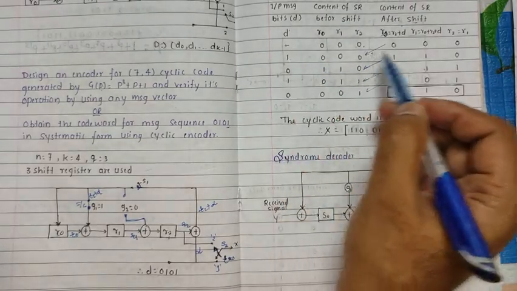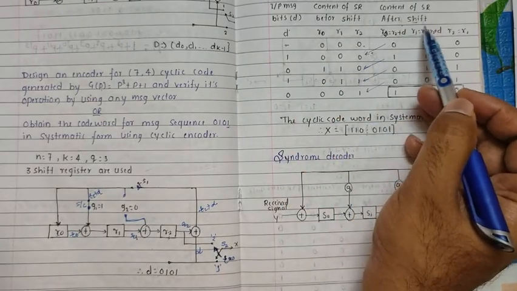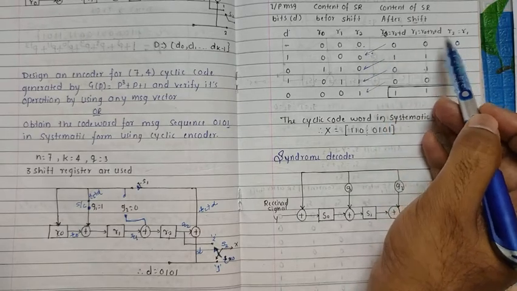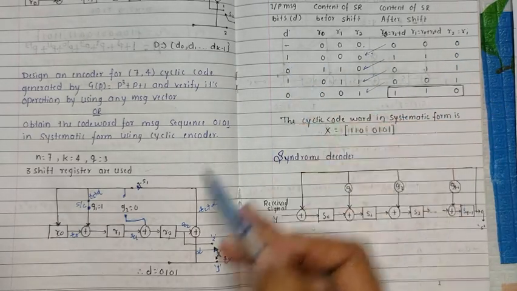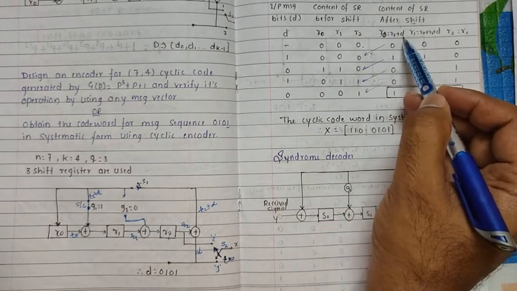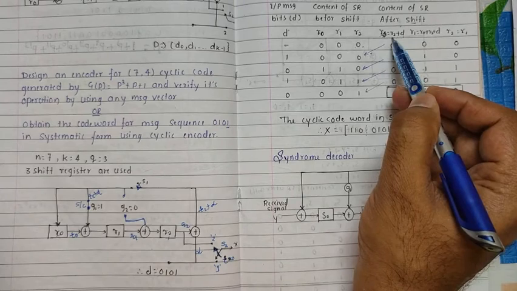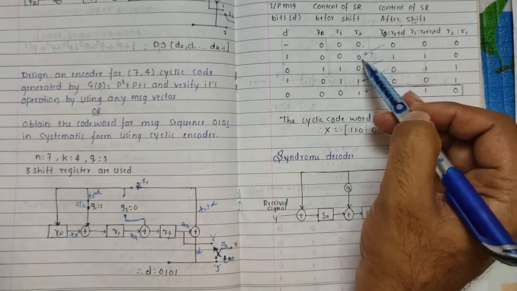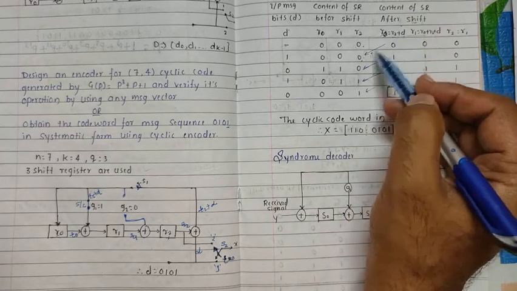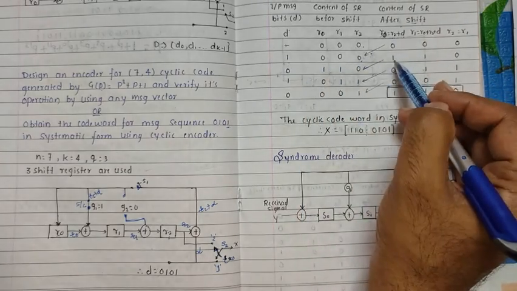Because of this 1, the content of the shift registers will change. So R0 is R2 plus D. Right now R2 holds 0, but the input is 1, so 0 plus 1 is 1.